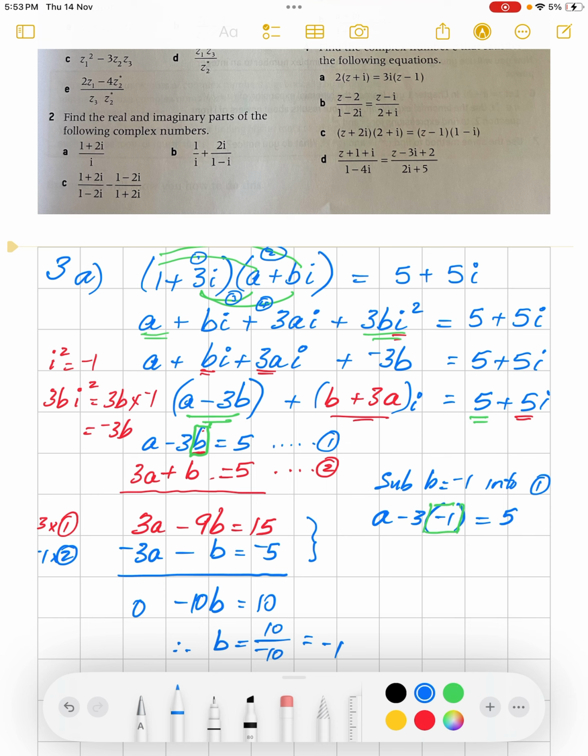And so we've got A plus 3 equals 5, so A equals 5 minus 3 equals 2. Therefore, our solution for this question is A equals 2 and B equals negative 1.